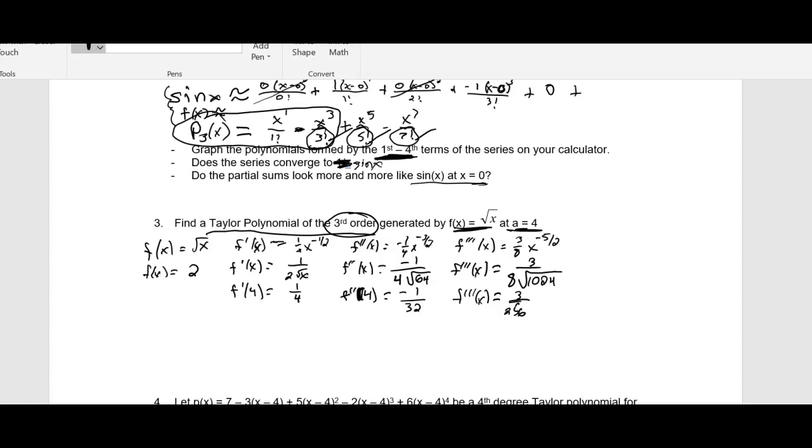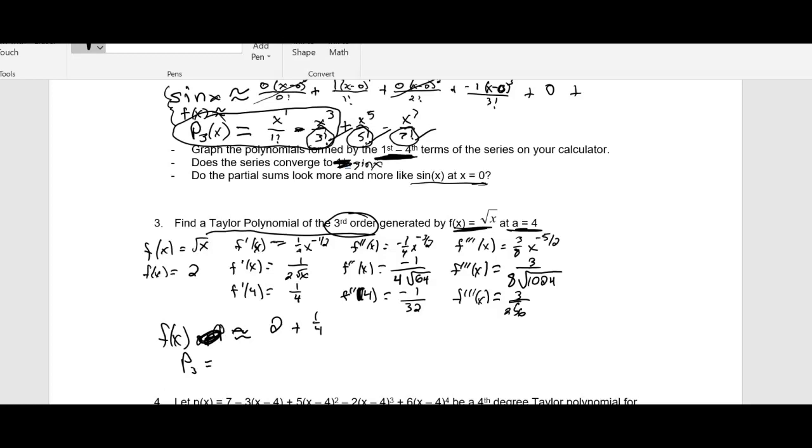That stinks. Leave that, and then we can now go ahead and say our function is approximately, or we can say our polynomial of third degree, and then we start following the little sequence formula from the previous page. We want our functional value of 2. So that's our 0 derivative, 0 power, 0 factorial.